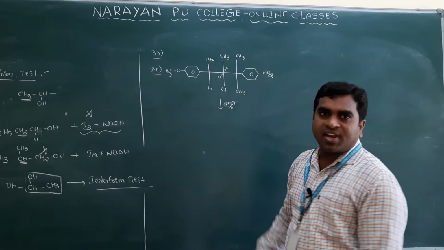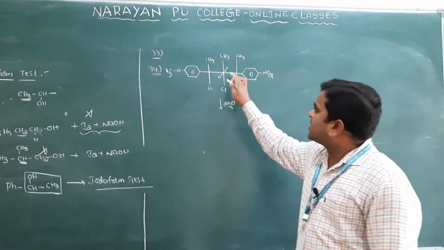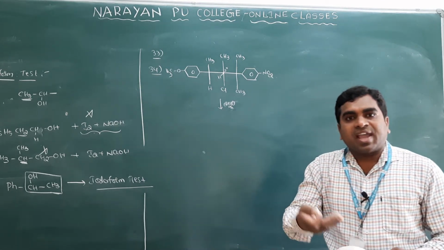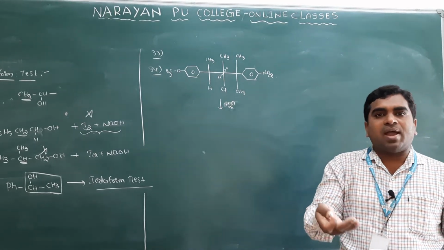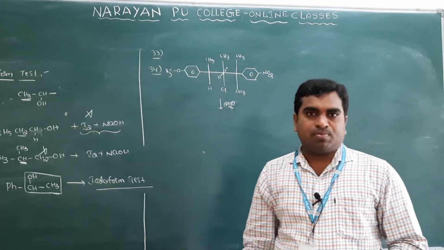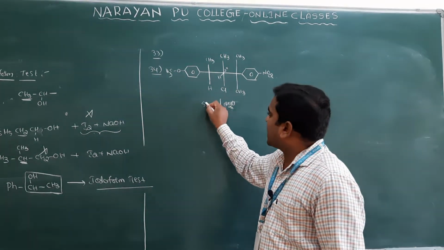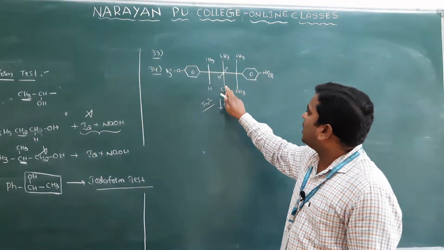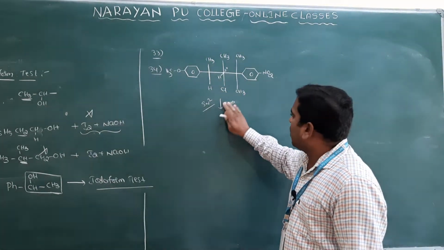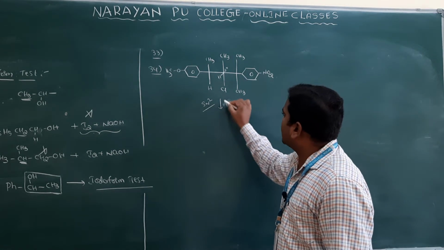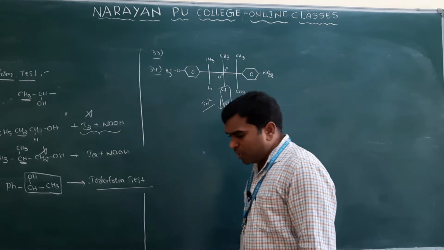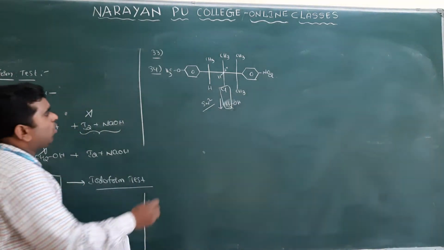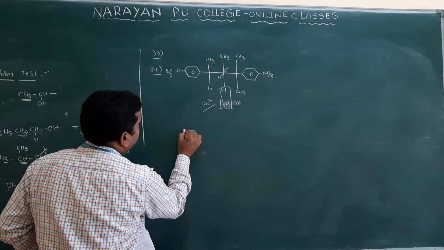A secondary alkyl halide can show the SN1 mechanism and also the SN2 mechanism. If it follows the SN2 mechanism, then chlorine will be replaced by OH, and HCl will be removed. OH attack takes place from the back side. So now what you will get as the product is this.